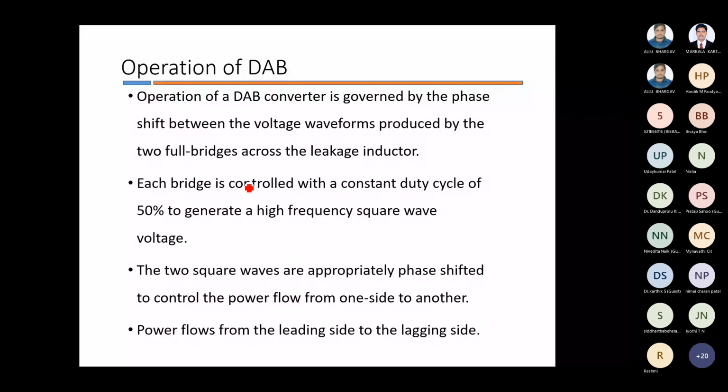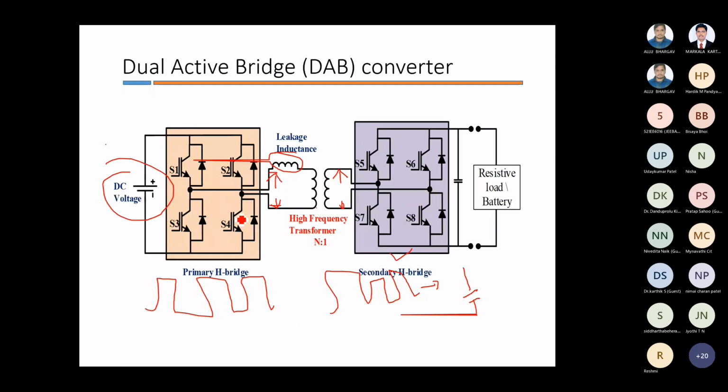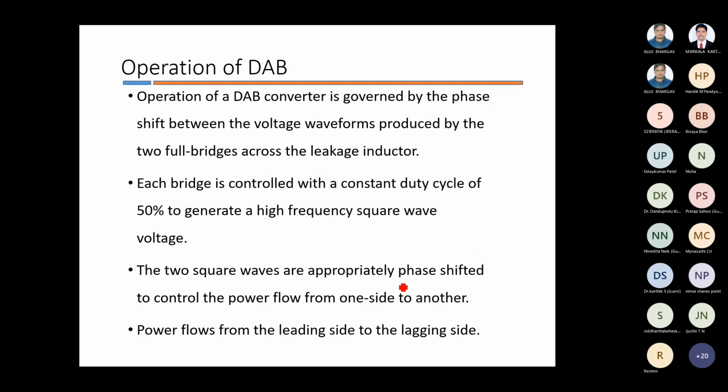So the operation is governed by the phase shift between these two voltage waveforms. There will be a phase shift between the primary square waveform and the secondary square waveform, and each bridge is controlled with a constant duty cycle of 50% to generate a high frequency square waveform.